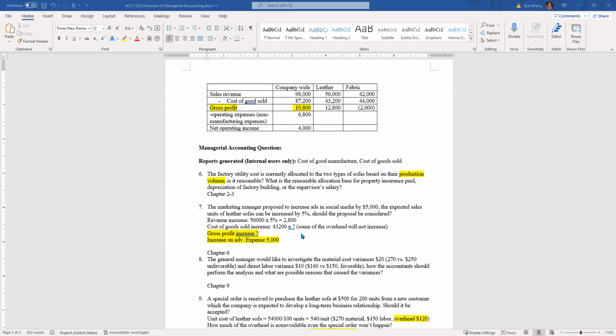So 5,000 more cost on social media advertisement, 5% estimated increase in sales volume. Is this a reasonable proposal to be considered?